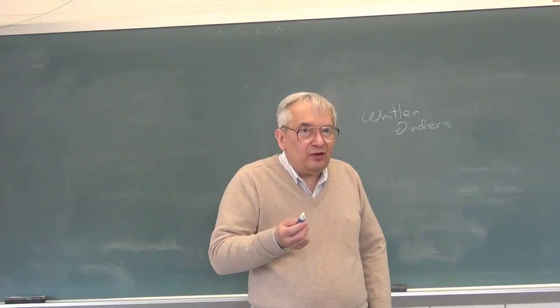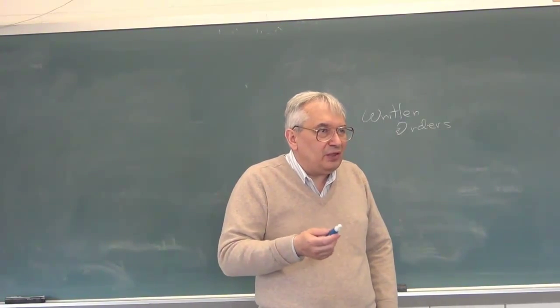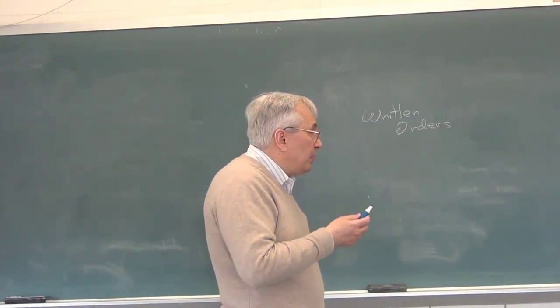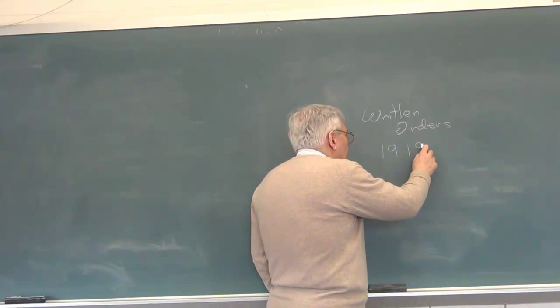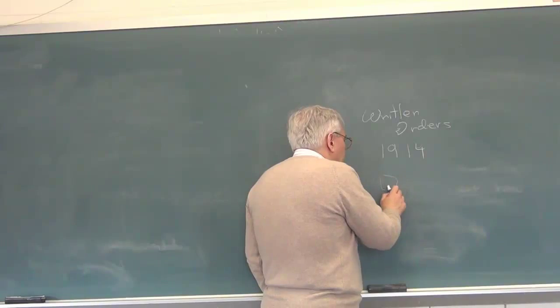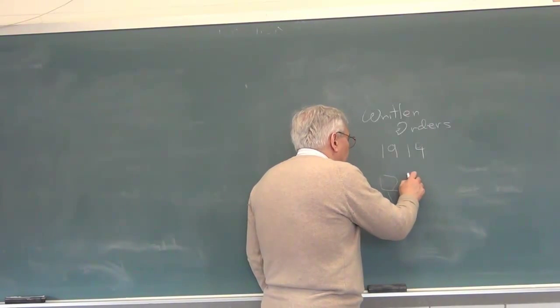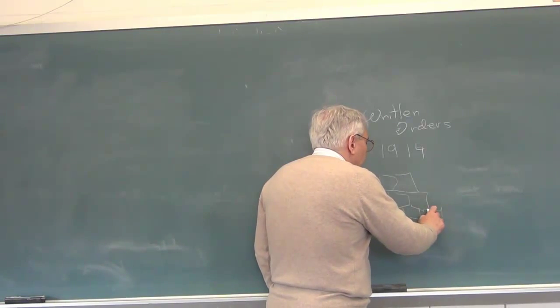But once you have done written orders, you now have to face all of the implicit complications. The simplest written orders we at least saw discussed back in 1914. That is, you have a grid and you have a map with drawings on it, and the drawings show the squares.